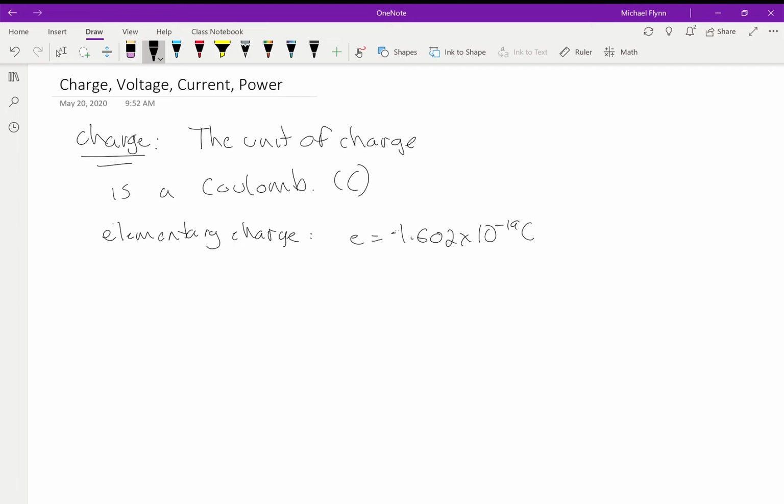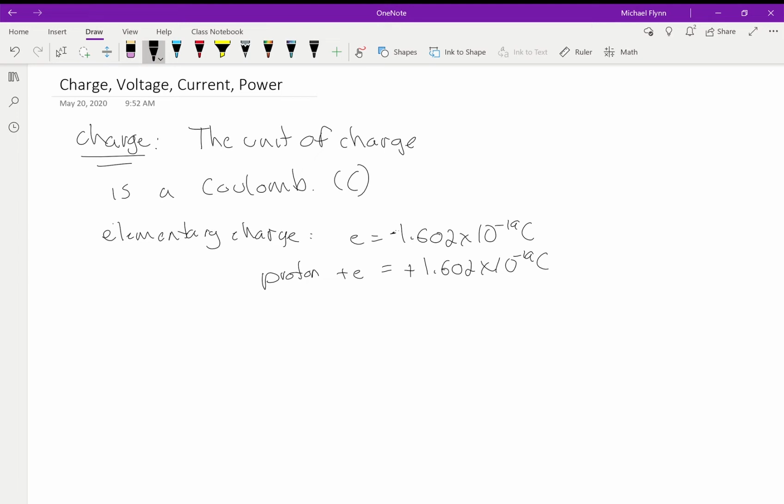For an electron, that's negative. A proton has positive e, which is positive 1.602 times 10 to the negative 19 coulombs. You see how small that number really is.